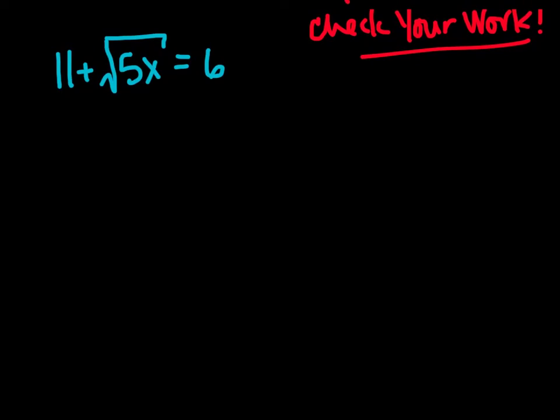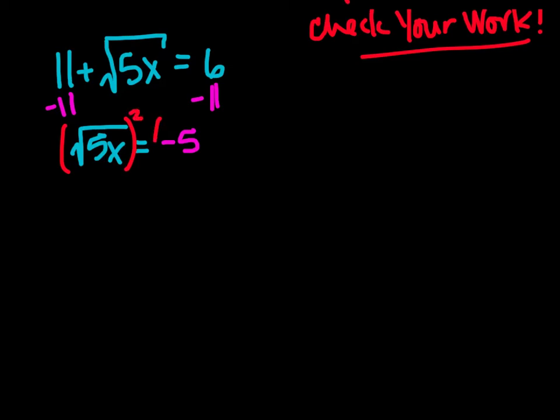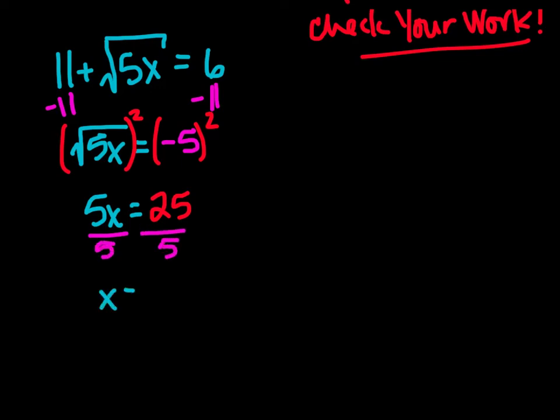Let's start out by subtracting 11, so then we can take the square root on both sides.